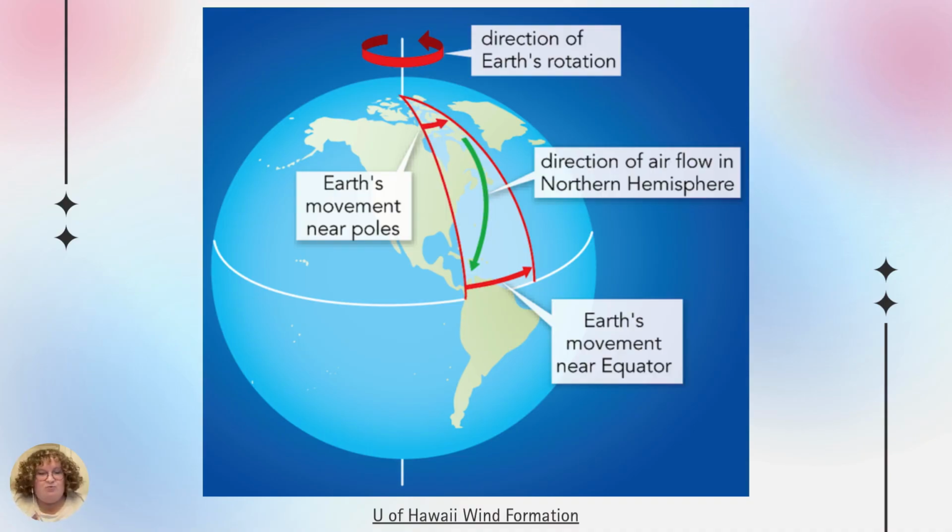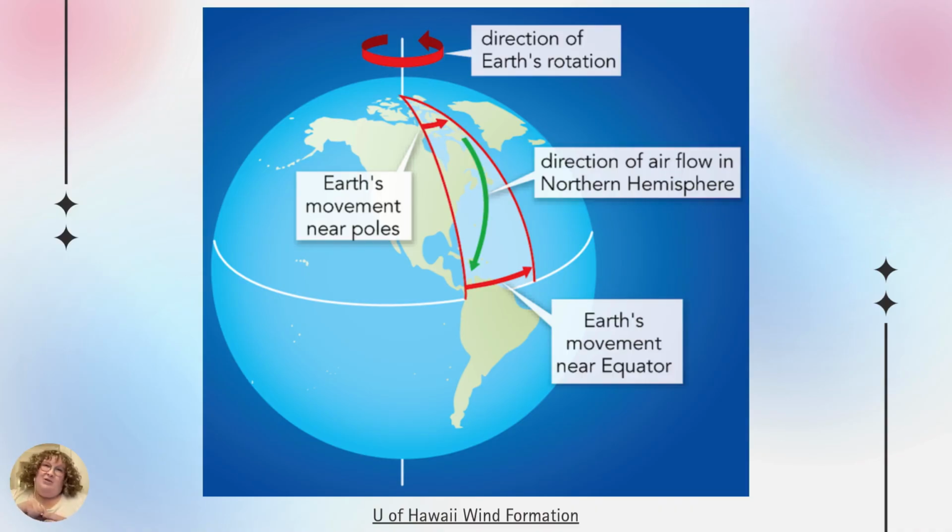Again, I'm not going to make you remember all of the details of this, but I want you to conceptually understand, if you have an airplane flying in the air, let's say along that green arrow that's moving from north to south, you have an airplane moving from the northern latitudes towards the equator. If an airplane takes off, it's moving in the air and the Earth is still moving underneath of it. So the Earth is still rotating. So it creates an apparent force in how we move in the atmosphere.